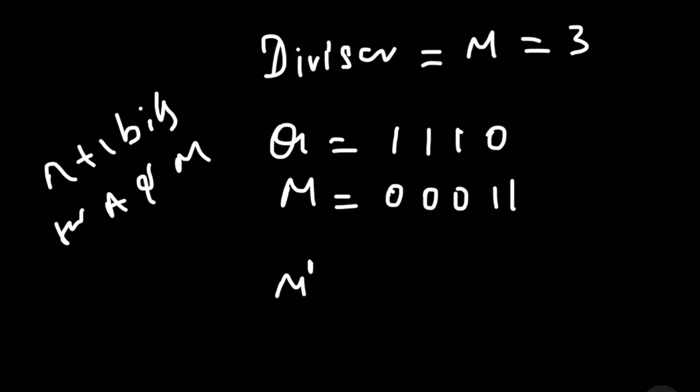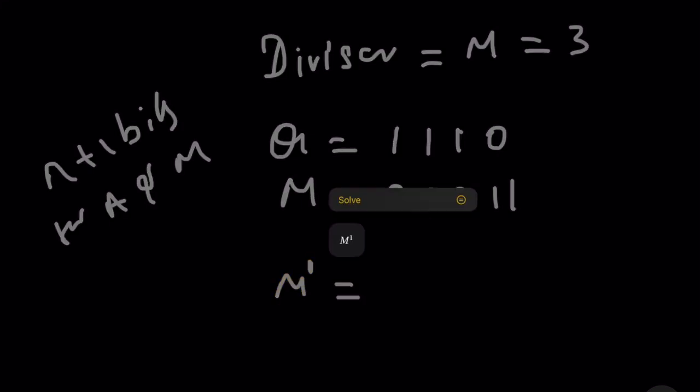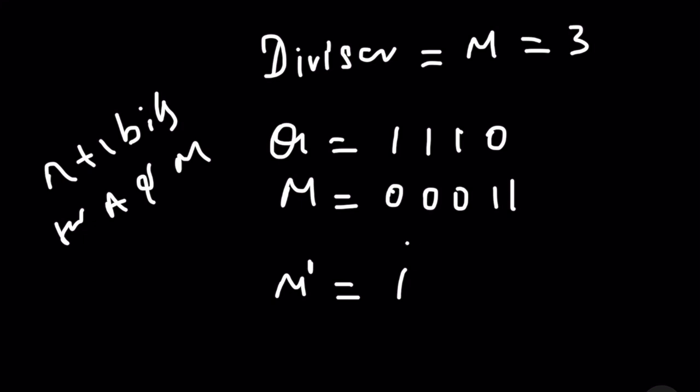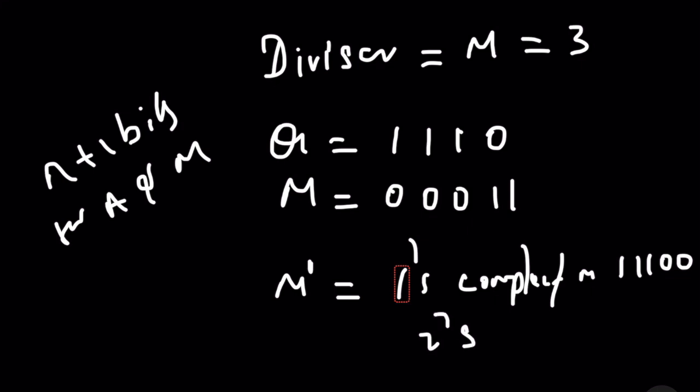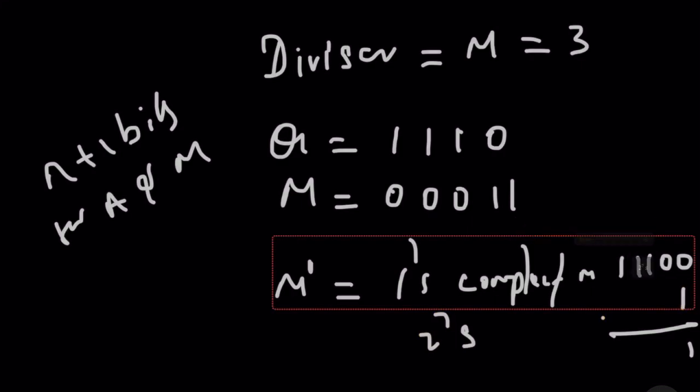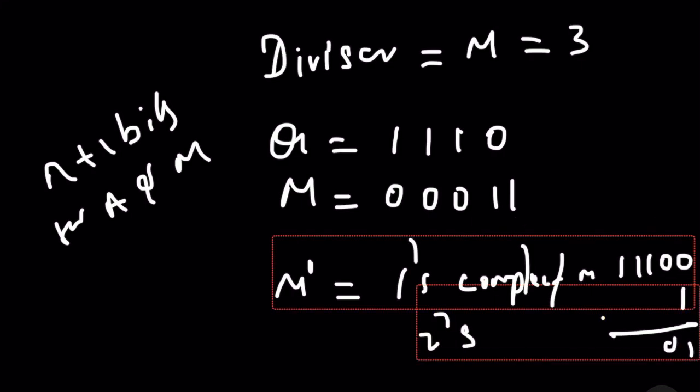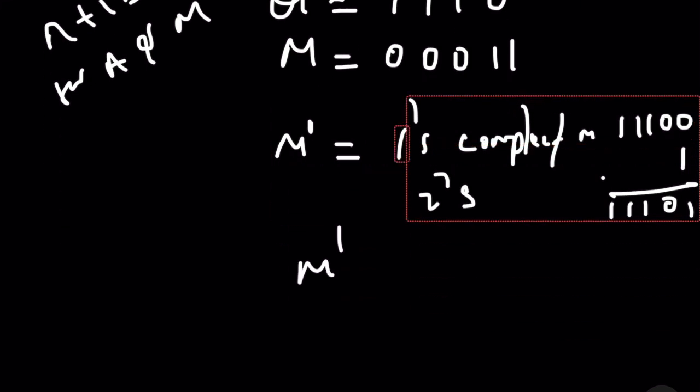In that way, M dash is nothing but the 2's complement of M. The 1's complement is 11100, and 2's complement is plus 1, so just add 1. So we got M dash is equal to 11101.